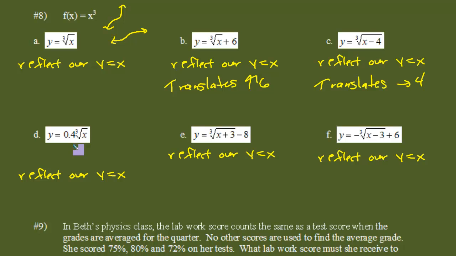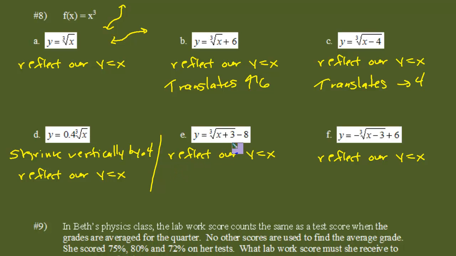We're multiplying that times our function, so it's going to shrink or stretch the graph vertically. If this number's absolute value is between 0 and 1, then it shrinks the graph vertically. So we'll say shrink vertically by 0.4.